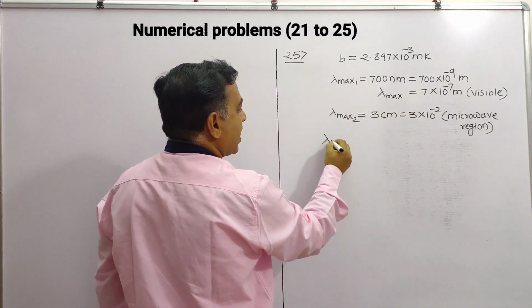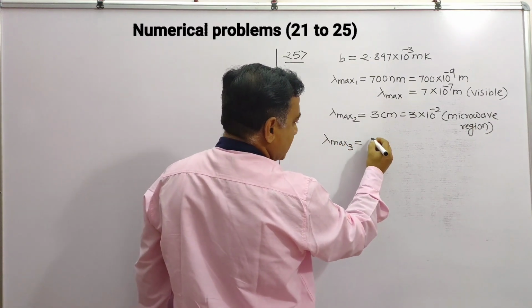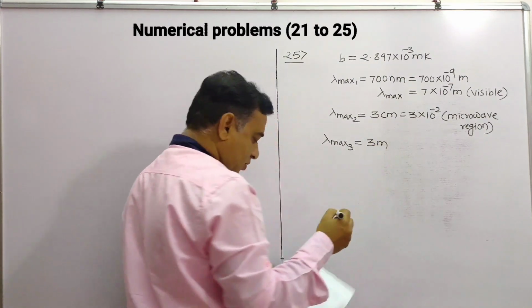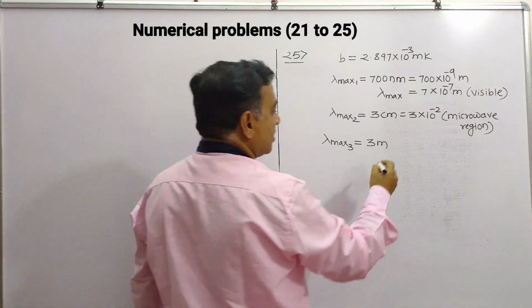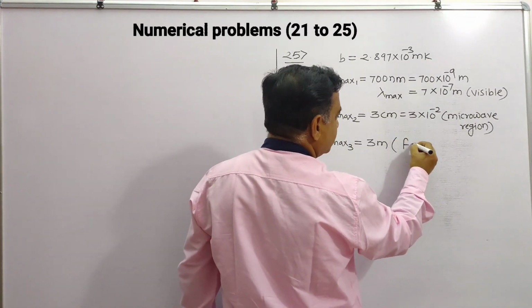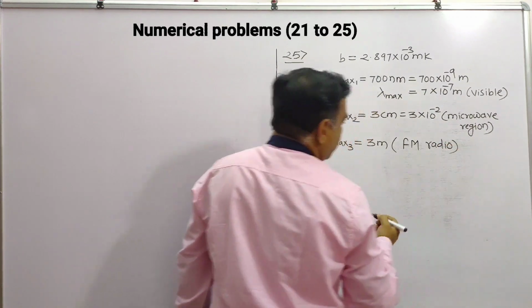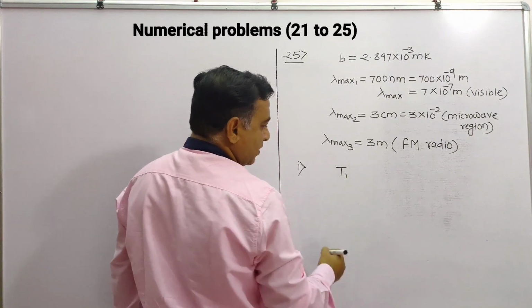And what about the lambda max 3? It is 3 meter, which is given. Let us see. Yes, it is 3 meter, which means FM radio region.